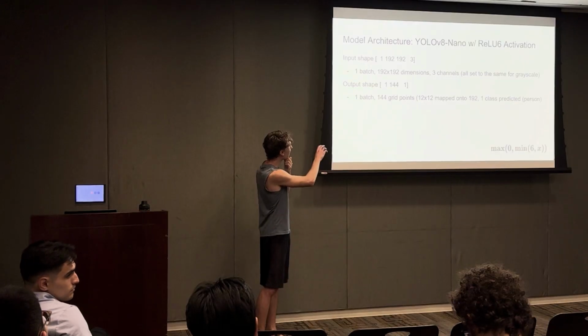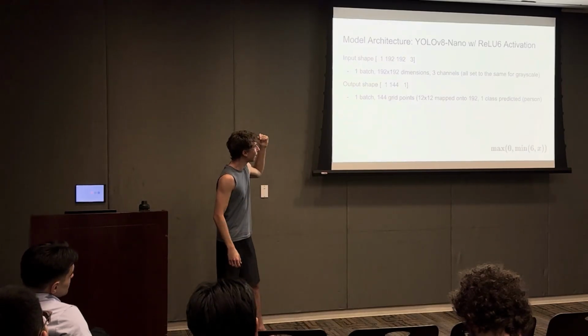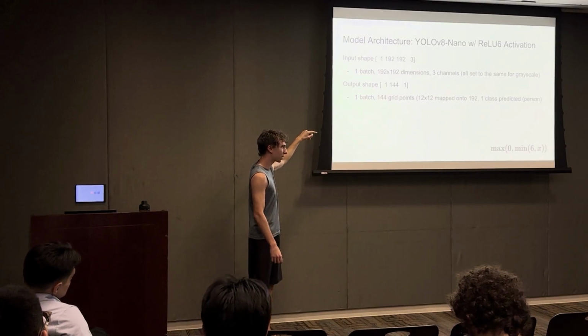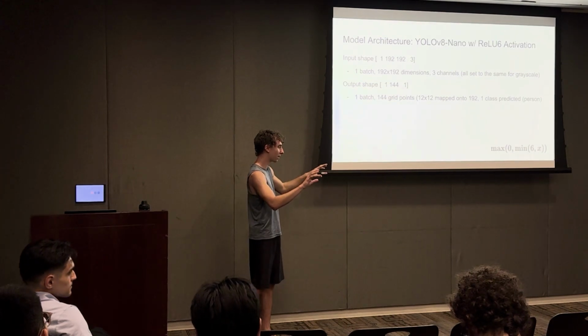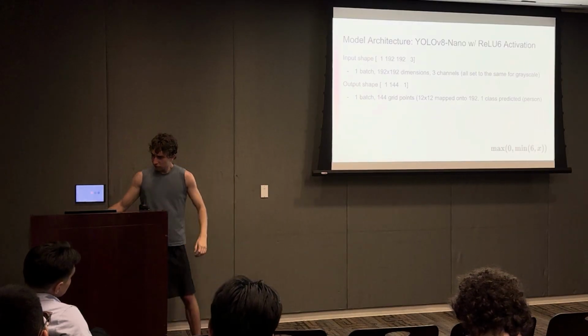So this was able to run. Our input is just the regular frames from the data set, and we feed that into the model, and it goes through the architecture, and we're predicting if we see a person, and also the box in which they're detected.